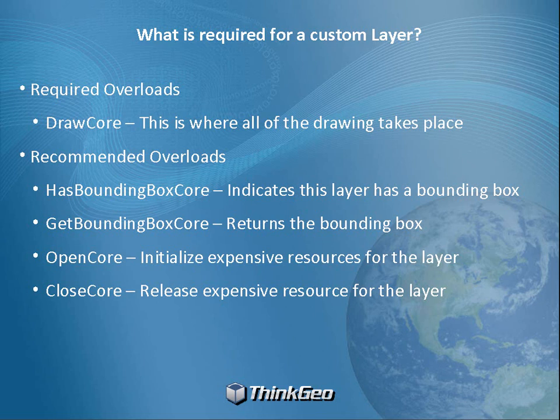Now, of course, knowing that the web is going to try to open and close these things, you can bypass that a little bit by overriding the open and the close core. The web is going to call the close core whenever it's done with a particular request, but that doesn't mean that you have to free up those resources.